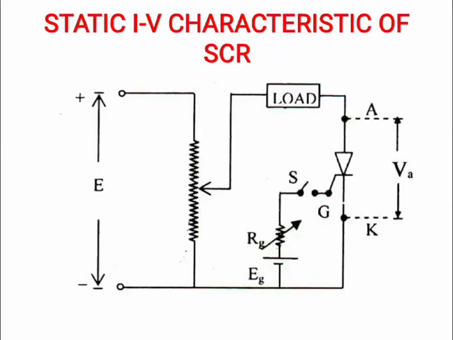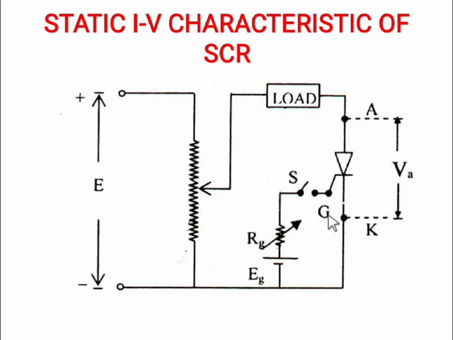Now we will study the static characteristics of the SCR. To understand the static characteristics of the SCR, we have to connect the SCR in such a manner. So this is the SCR, its anode and its cathode, and this is its gate. The anode is connected to the positive of the supply through the load and the cathode is connected to the negative of the supply.